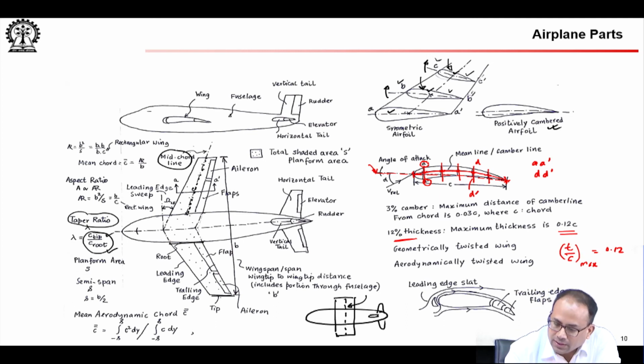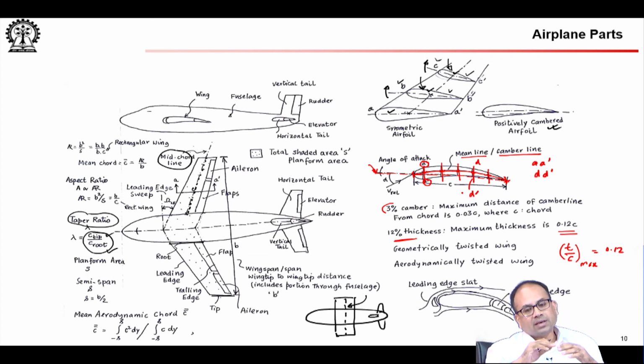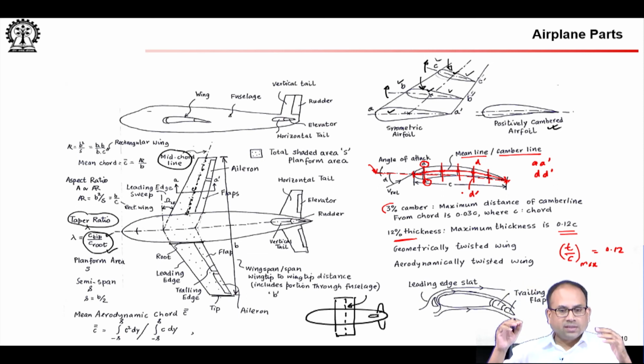Also, the line joining the midpoints of those vertical lines gave you the mean line or the camber line. The airfoil is positively cambered if the camber line lies above the chord line. In this case, it is positively cambered.